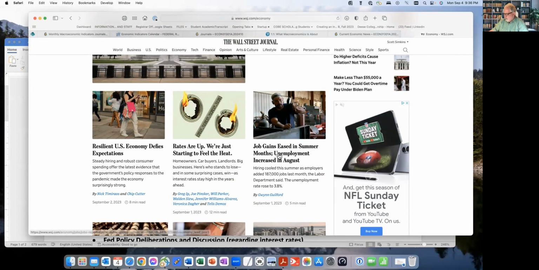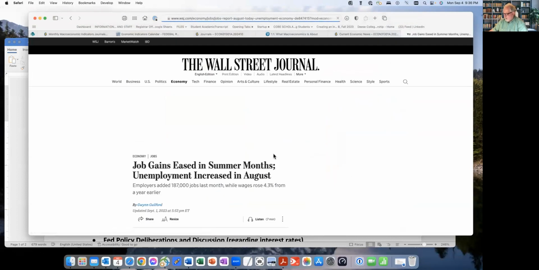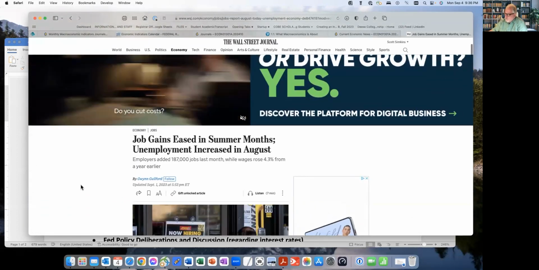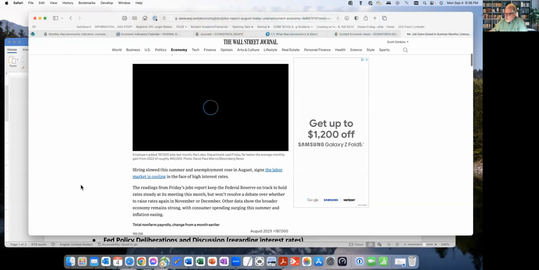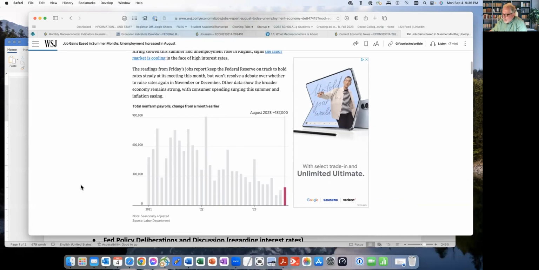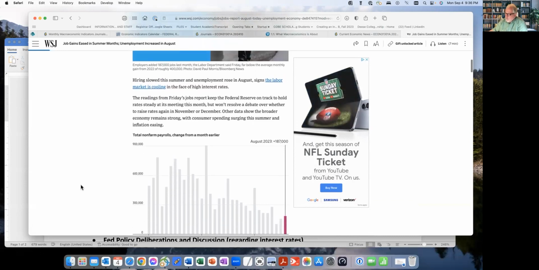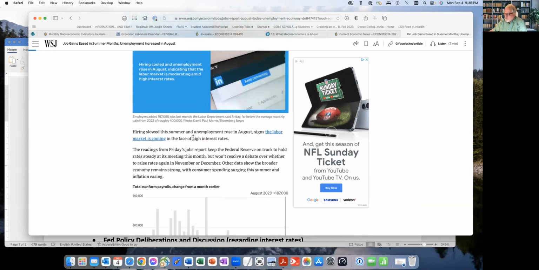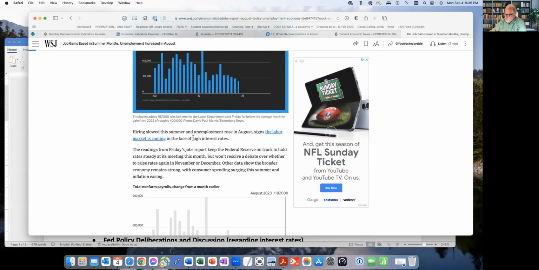Here's the actual Wall Street Journal piece that went with Friday's report about the employment situation. The Wall Street Journal digests the new data as it comes out. It's the Wall Street Journal articles that you're going to be writing a brief summary about in your economic journals as these macroeconomic indicators come out.